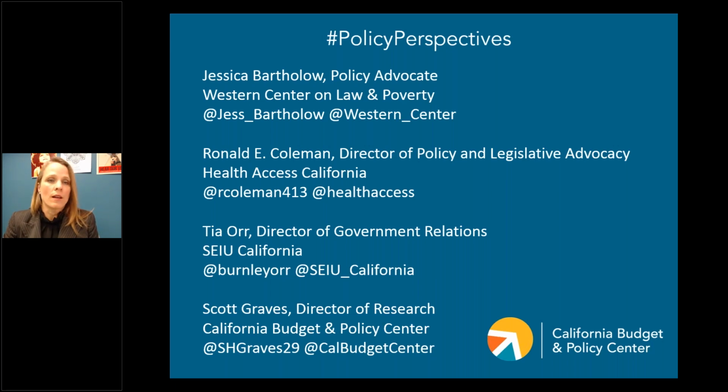The next time, all this experience with that campaign really helped us to inform the next big anti-poverty campaign that hopefully many people are familiar with, and that's the campaign to end the CalWORKs Maximum Family Grant.